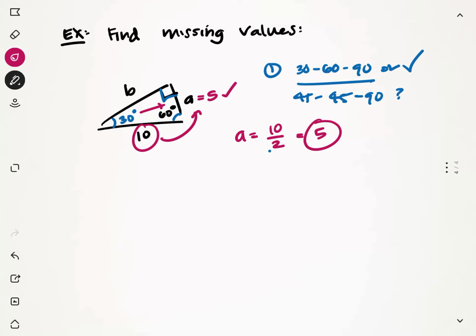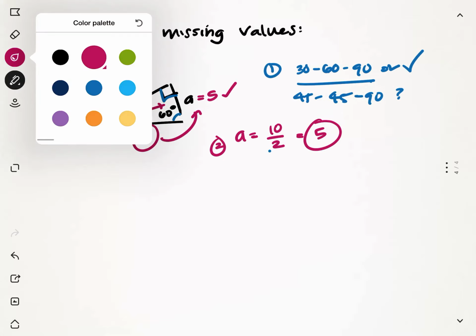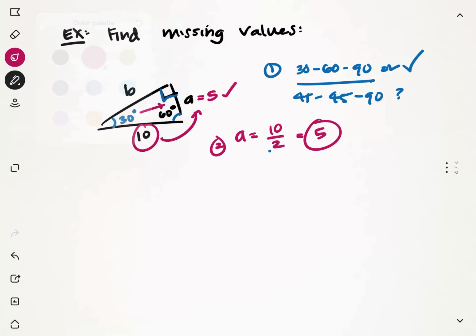So we've done that. So we might even want to make a note that the short side is half the hypotenuse.